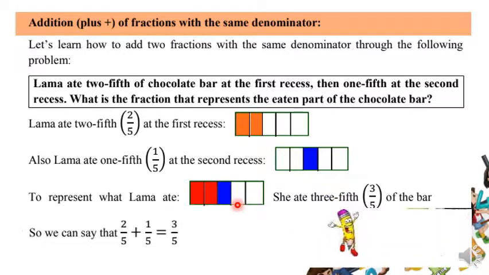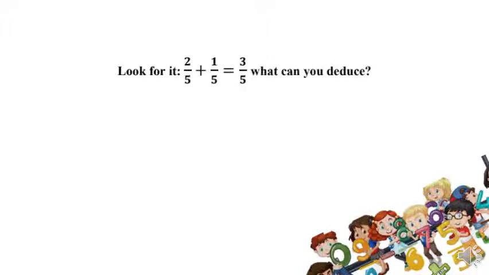So in other words, we can say that Lama ate 2/5 plus 1/5, and the total number of eaten parts is 3 out of 5. So let's look again. We have these two fractions, 2/5 plus 1/5. The answer is 3/5. What can you deduce?